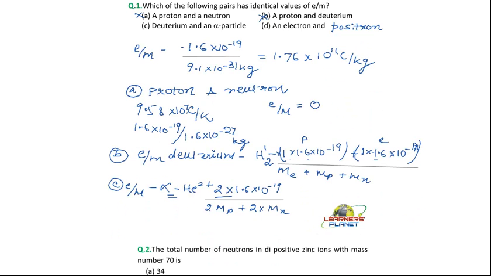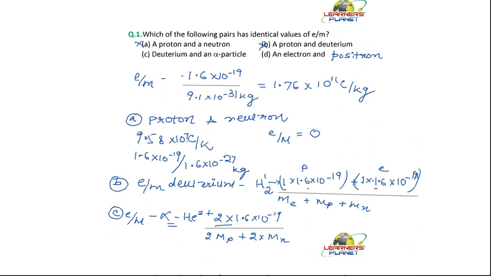Now we have one good option, that is the electron and a positron. The difference between the electron and positron: electron has a negative charge, positron has a positive charge, but their masses are the same. So their e by m ratio will be identical. Got my point?